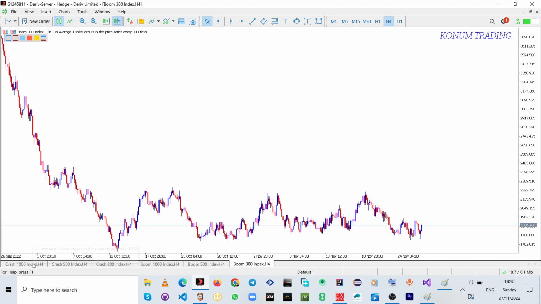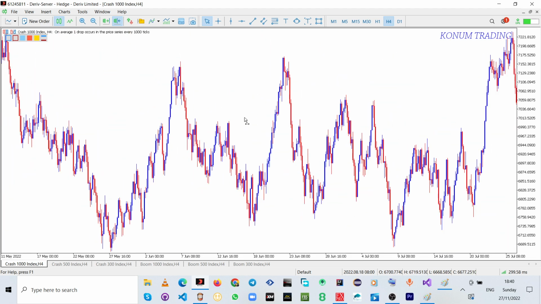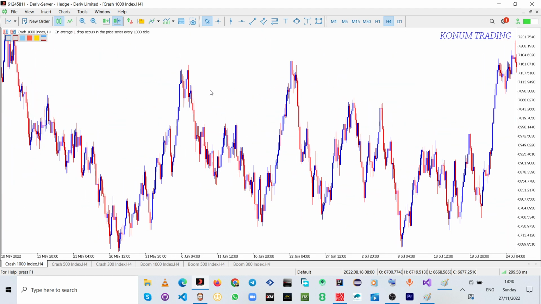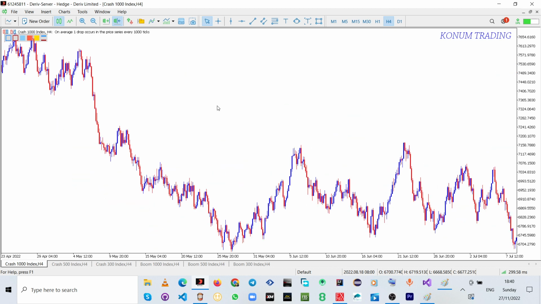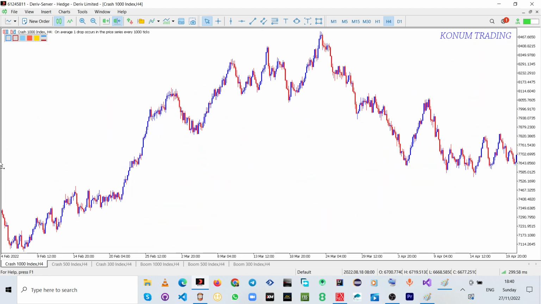So let's start from the crash. In each example, guys, this strategy works, and I don't want to waste a lot of time showing you, because the examples are many. We could backtest right up to the establishment of this broker, to the first candle movements of each pair, and we'll still be getting trades.